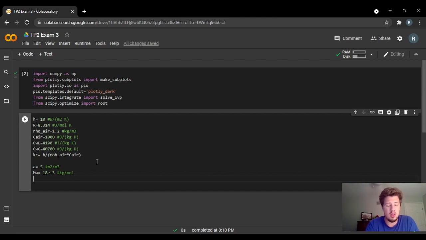And we need the molecular weight for air, which is 29 e to the negative 3, again in kilograms per mole.